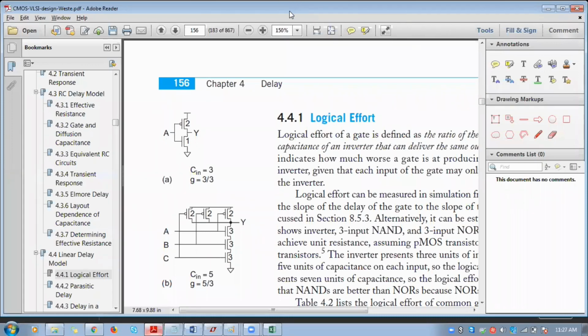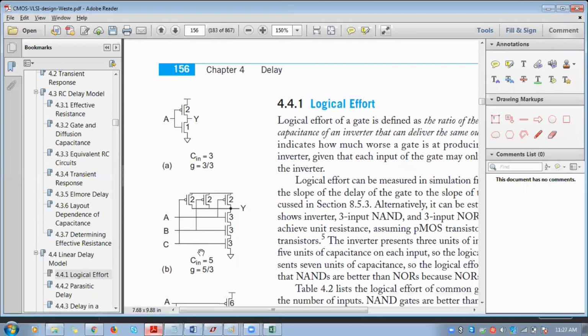If you want to calculate the logical effort of this NAND gate, we have already calculated the K value. The input capacitance has to be calculated with respect to any one input. Here we have three inputs, and we need to take any one input. For example, if we take A, it is applied to this PMOS and NMOS.